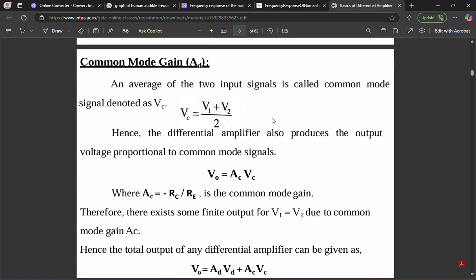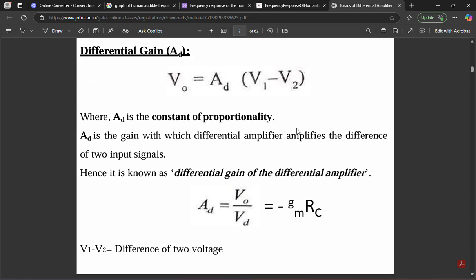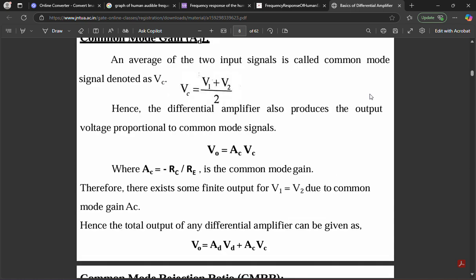Next, what is common mode? As per definition, the differential amplifier needs to amplify only the difference between these two signals, but in general the output V0 has an additional component, which is AC into VC. AC is called the common mode gain. So what is common mode gain?